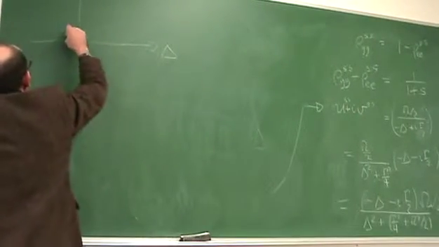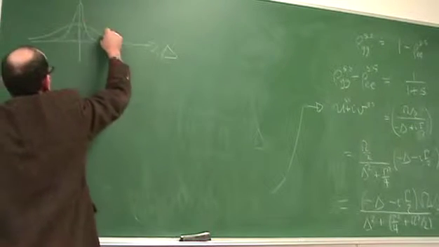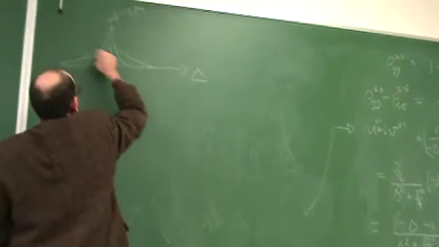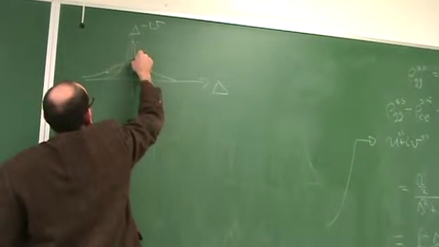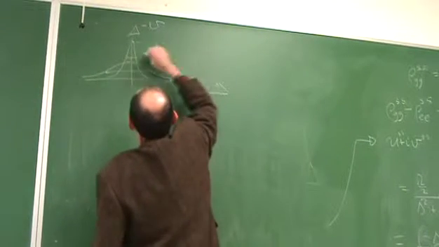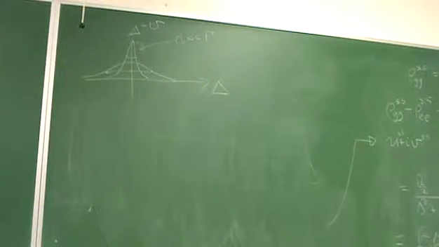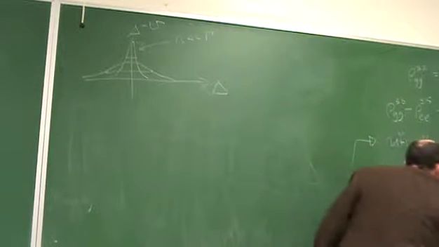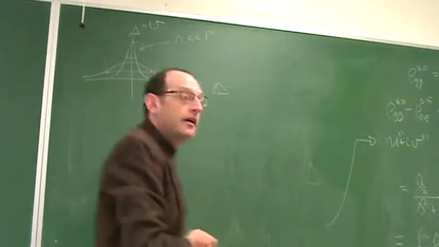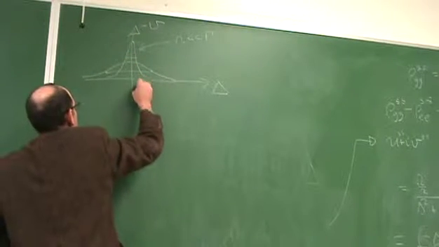Well, depending on the value, if omega is tiny compared to the line width, then we can neglect this term, in which case the line width of the transition is given by gamma.